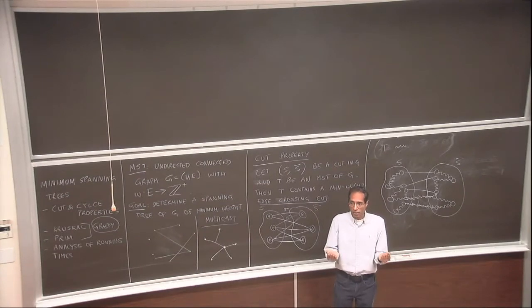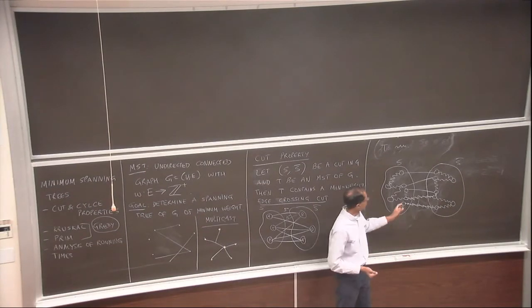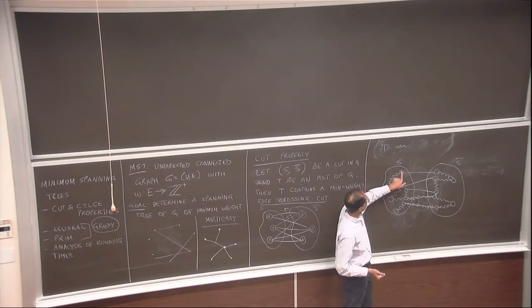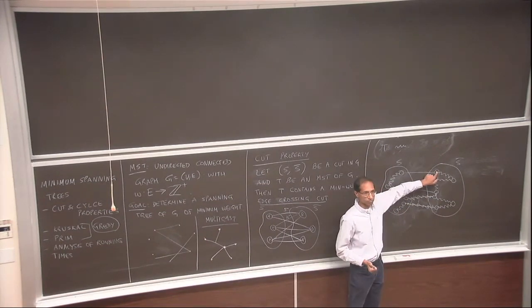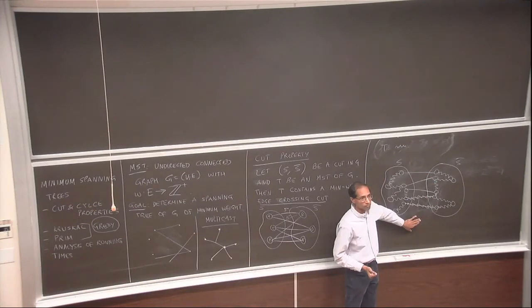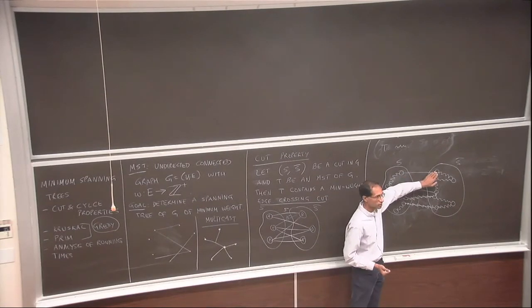T connects everybody. So it's supposed to have a path between this vertex and this vertex. But let's say T does not include any edge here. How will it have a path between this vertex and this vertex?